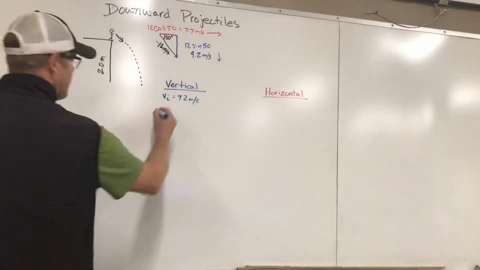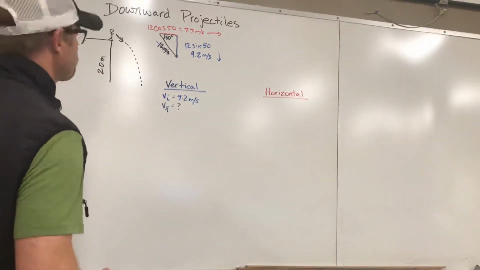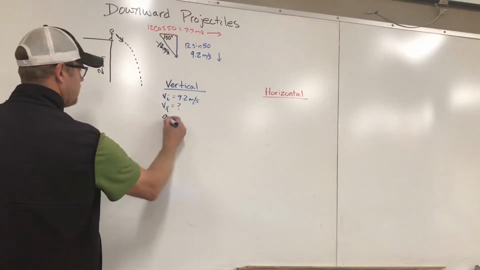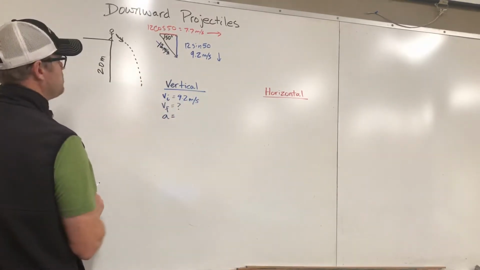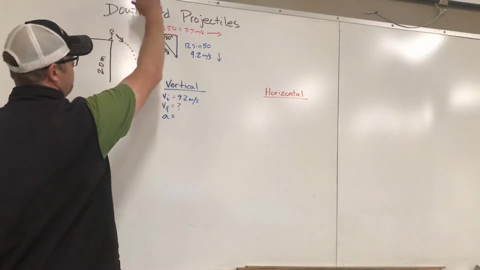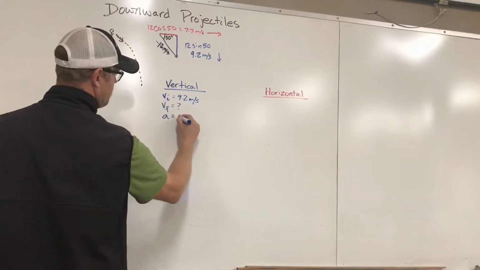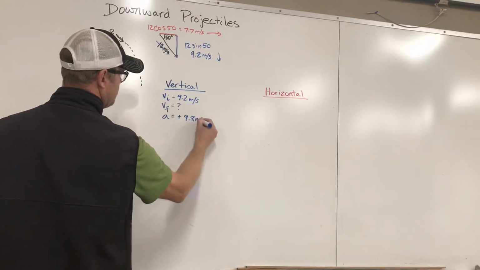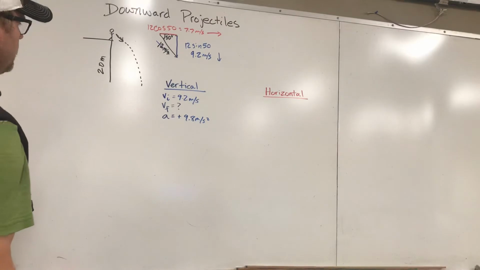My final velocity, I don't know. Acceleration: as soon as it leaves my hand, gravity is speeding it up. The rock isn't going up and then back down, it's going down the whole time, so it's speeding up the whole time. So I'm going to make this a positive 9.8 meters per second squared because it's speeding up.